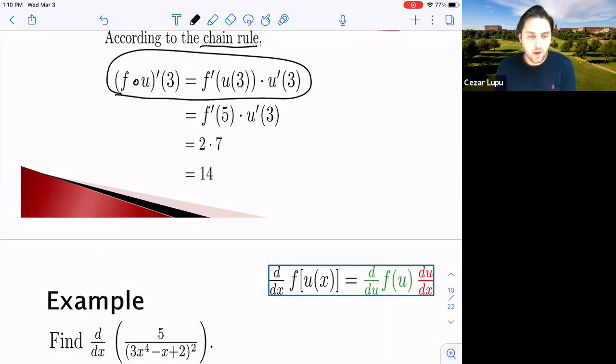And again, you have the chain rule there. So you see you have a fraction there.